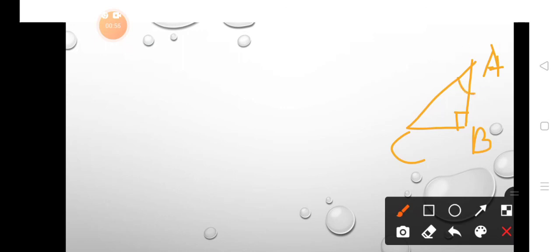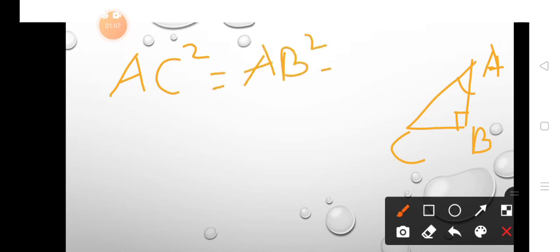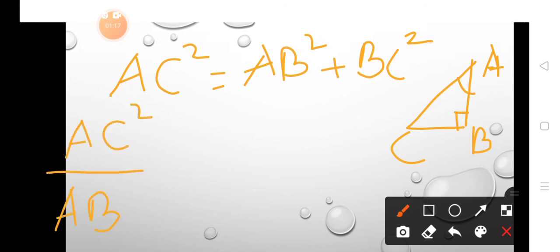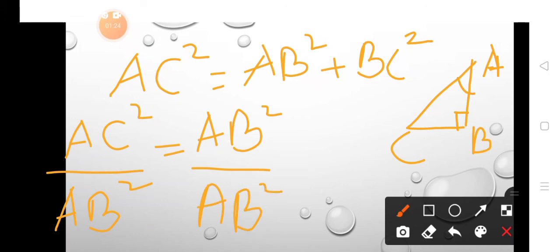From here we got AC square, equal to hypotenuse square, equal to, by Pythagoras theorem, AB square plus BC square. Now I divide all the sides by AB square.